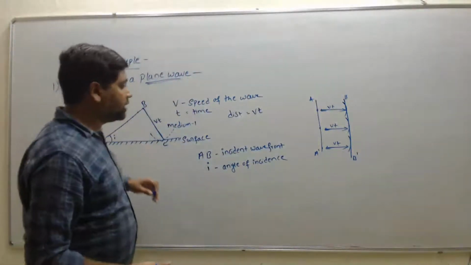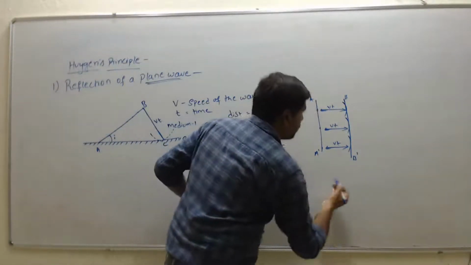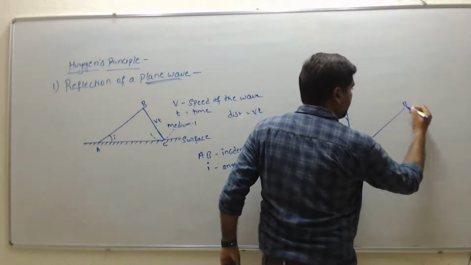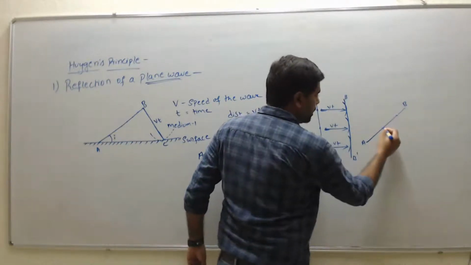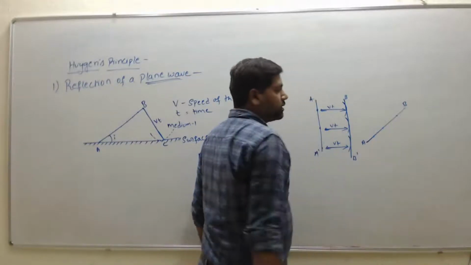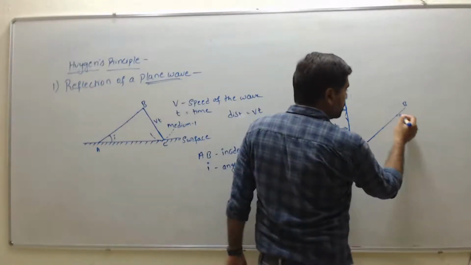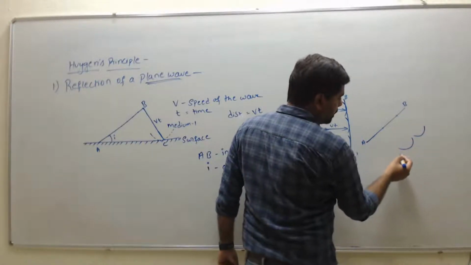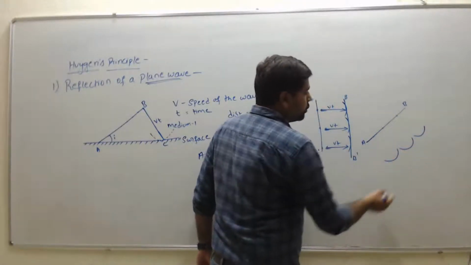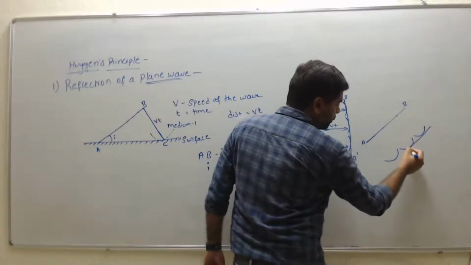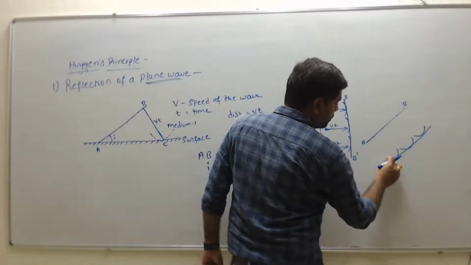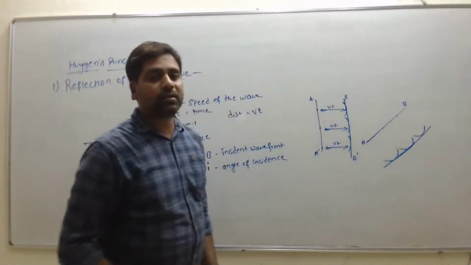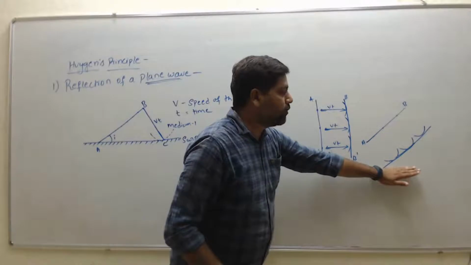Here the incident plane is inclined, so I am considering A and B. If we observe the 3 points like this and draw the sphere for these points, one is like this, another like this, and like this. If I draw the tangent, I get the plane like this for the inclined plane.